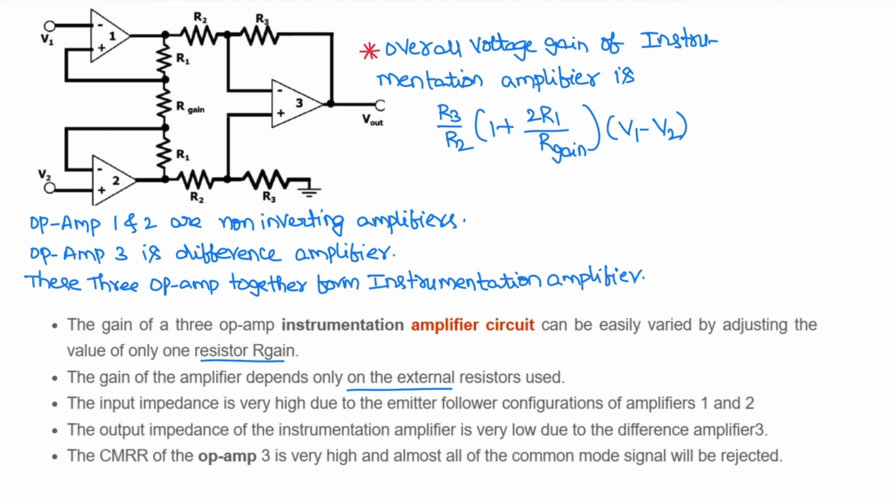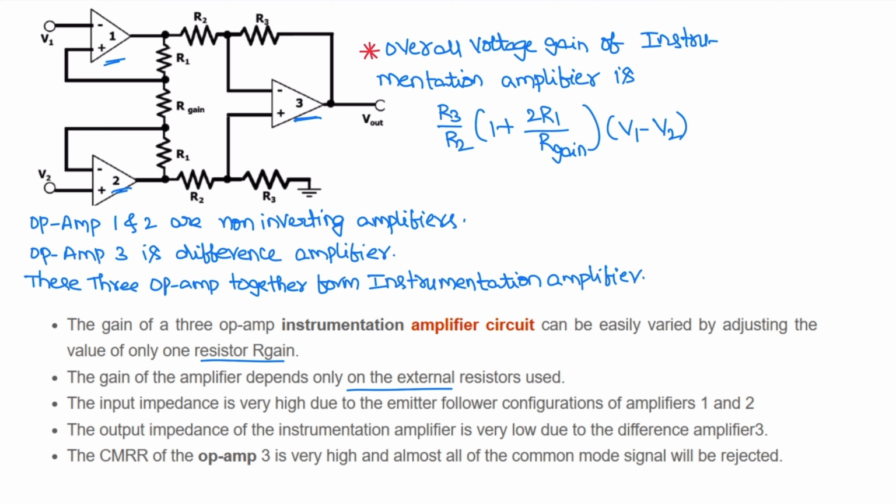So this is the circuit diagram given for the instrumentation amplifier. In this circuit diagram, there are three amplifiers. Amplifier 1 and amplifier 2 are non-inverting amplifiers, and amplifier 3 is a difference amplifier. These three operational amplifiers together form an instrumentation amplifier.